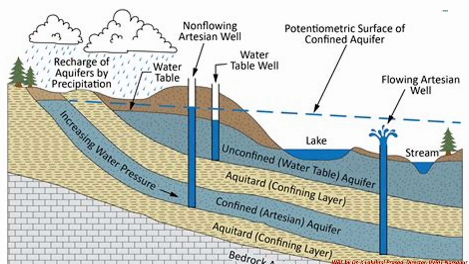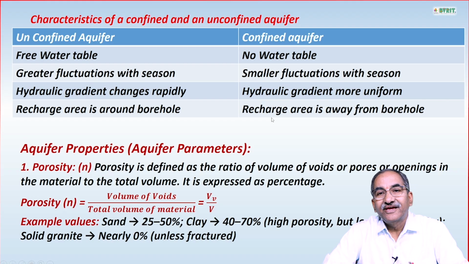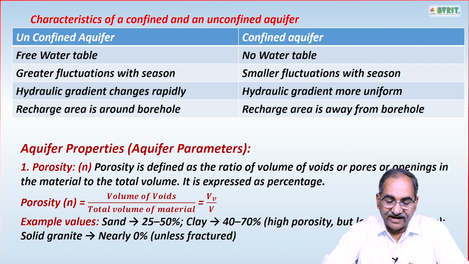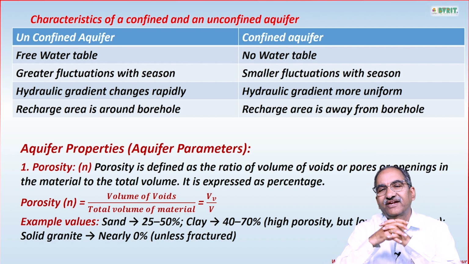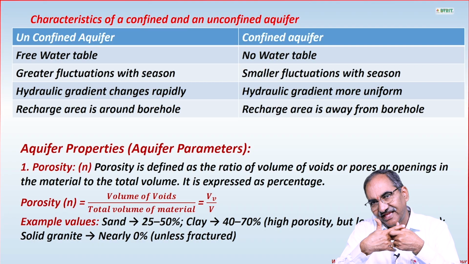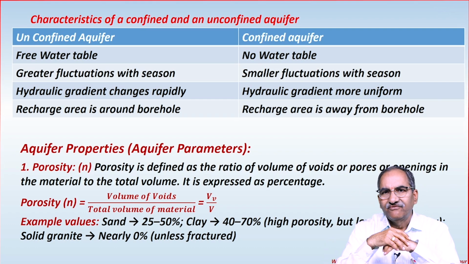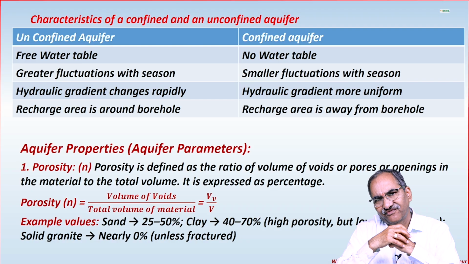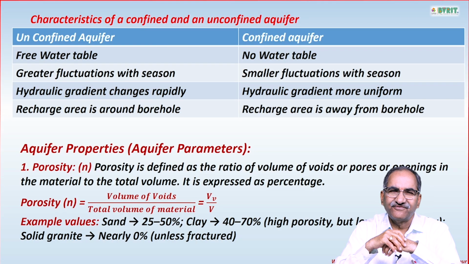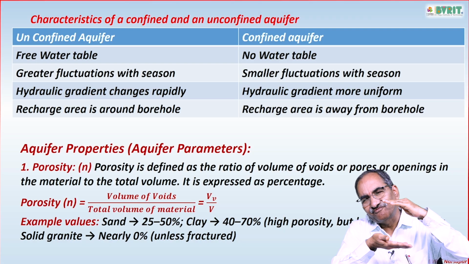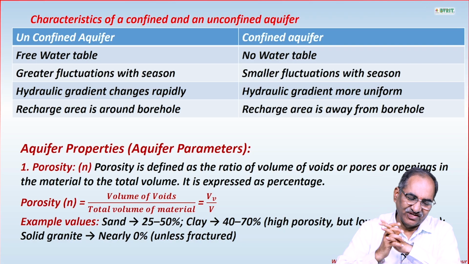So the same thing we have done. Now the characteristics of a confined and an unconfined aquifer: in an unconfined aquifer it is the water table, whereas in a confined aquifer it is the piezometric surface. In an unconfined aquifer the water table fluctuates with the season, whereas in a confined aquifer, because the water is confined between two impermeable zones, there are naturally very small fluctuations.